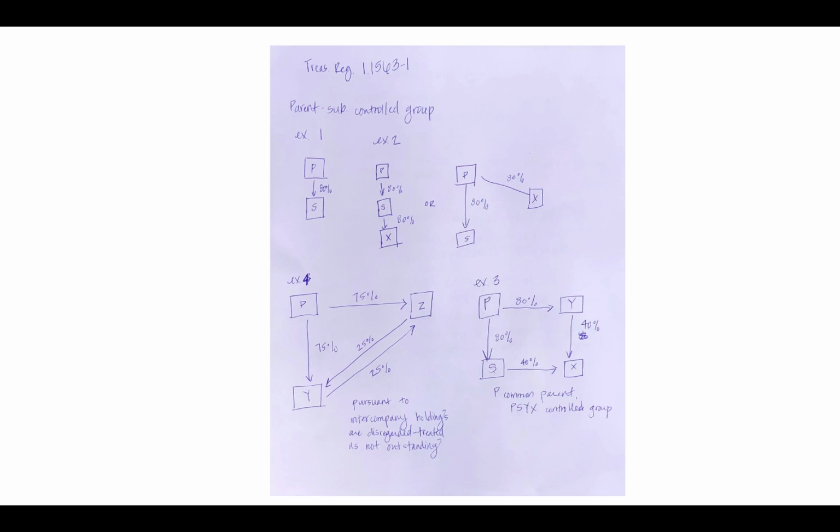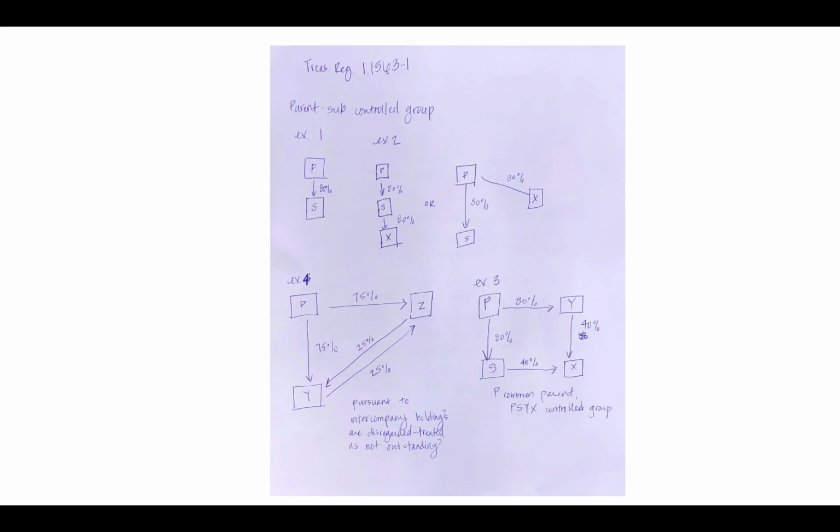Now going back to example 4, we have P. P owns only 75% of Y and only 75% of Z. Those alone would not make a parent-sub control group because it has to be 80%. However, you also see that Y and Z have reciprocal ownership. They each own 25% of each other.